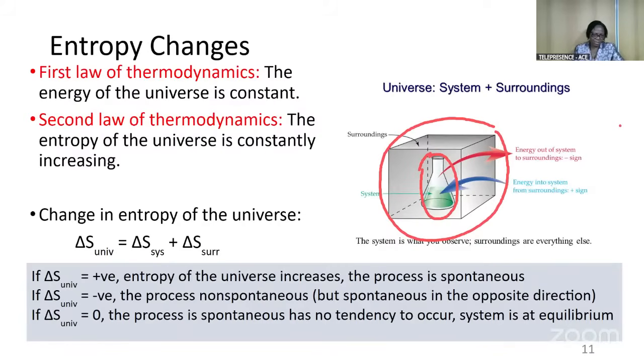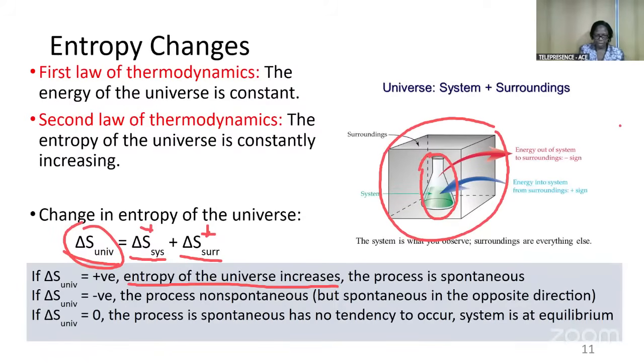So bear in mind that the entropy of the universe is always equal to the sum of the entropy of the system and the entropy of the surrounding. If you have the entropy of the universe as positive, it tells you that delta S of the system must be positive, and delta S of the surrounding must also be positive, or whichever way, maybe one is smaller and the other larger, but both are positive. At the end of the day, whichever combination you have, delta S of the universe being positive implies that the entropy of the universe increases.